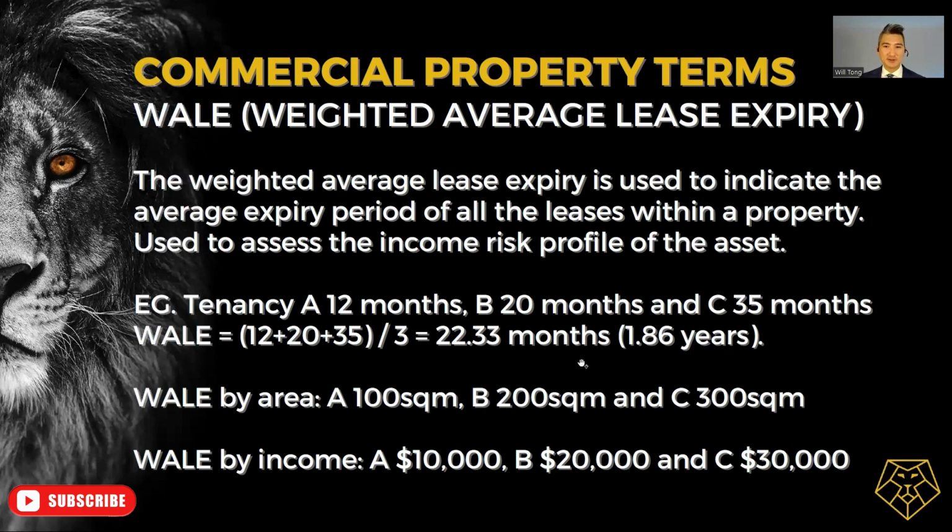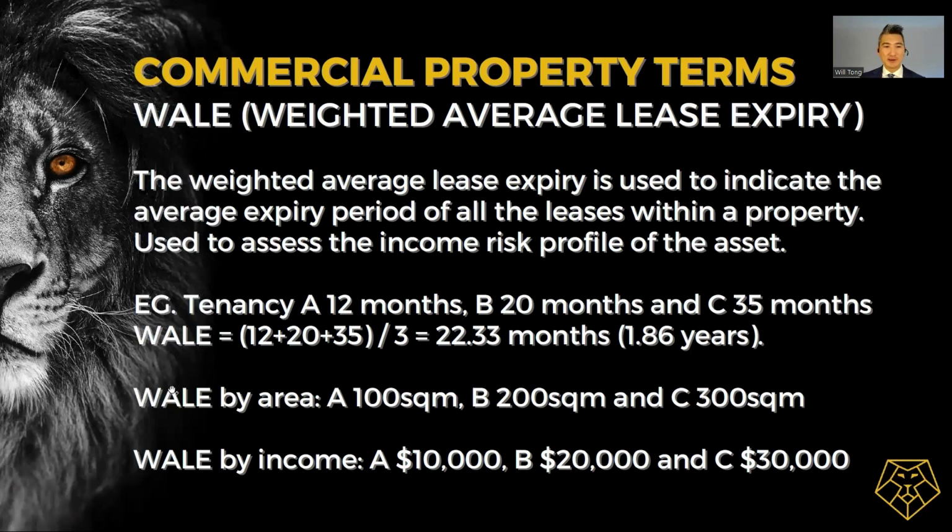Okay, obviously this is continually evolving as you renew leases and get new tenants. But if you're analyzing a property as a snapshot, a WALE is a really good indication of what your risk profile is. Banks and valuers very often refer to WALE to assess the risk profile of the asset when they're determining lending and things like that.